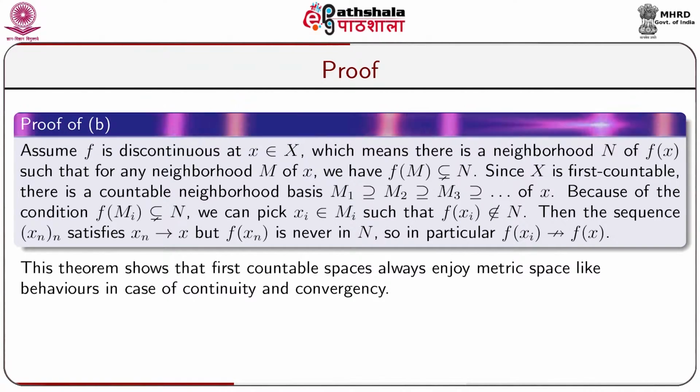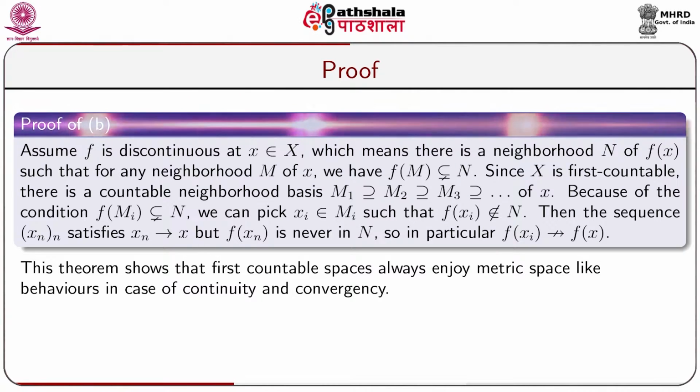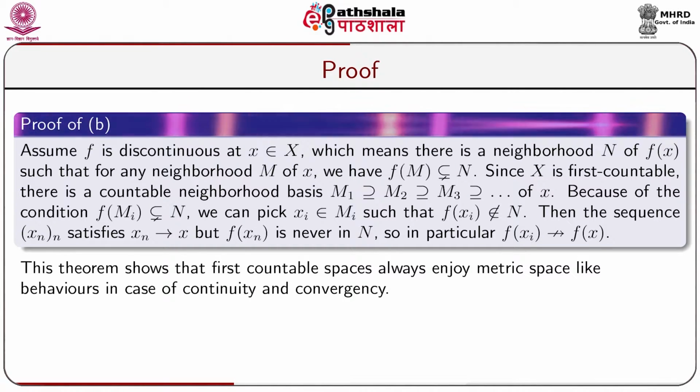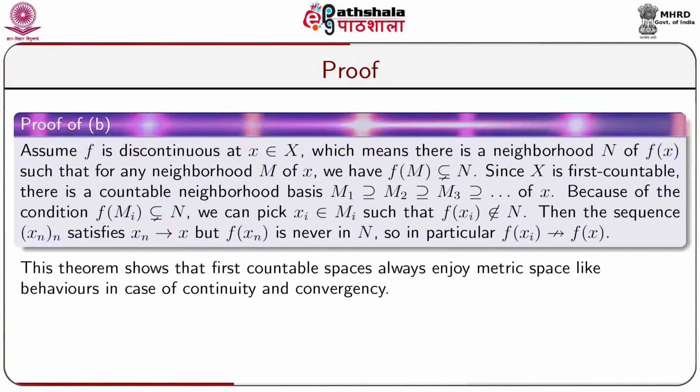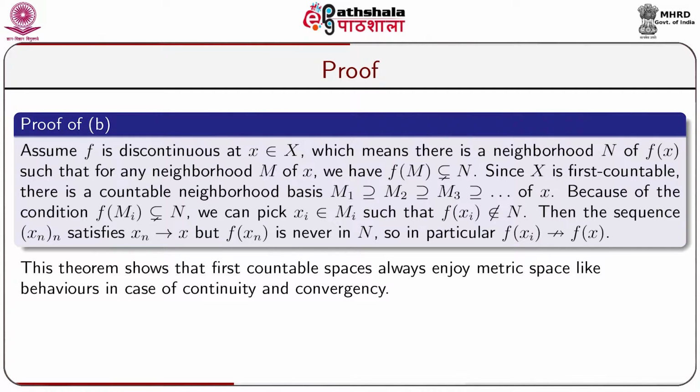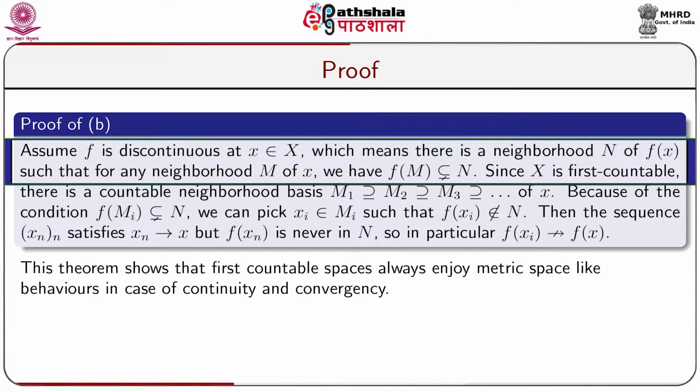The part that whenever xn converges to x, f(xn) converges to f(x), is true for any topological space and is obvious. We prove that if this happens, then f is continuous at x. If possible, f is discontinuous at x.